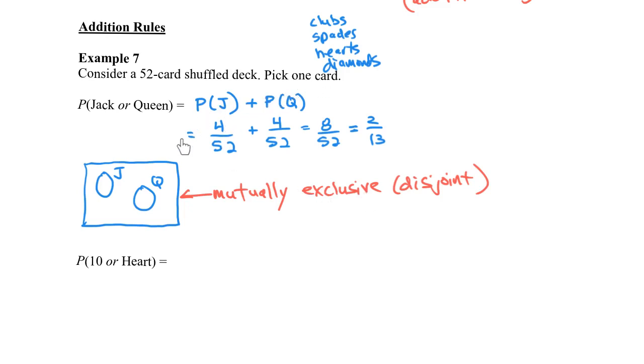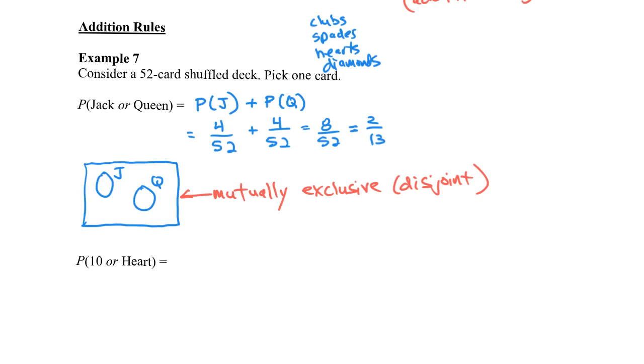If I pick one card, I can't get both of these. I can get one or the other, right? Jack or queen, these are called mutually exclusive. And when you have mutually exclusive events, the addition rule for OR is really easy. We just figure out the probability of getting this, figure out the probability of getting that, and we add them together. Okay, but what about this one?